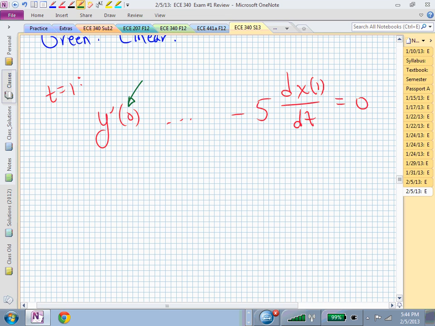So now what you want is for your present outputs or their derivatives to not depend on future inputs. You don't want future inputs influencing present values of your output. So now you would have an earlier output's derivative depending on the present value of the input.